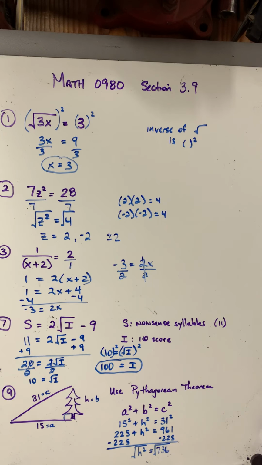Now, remember, if you take the square root, then you have to account for a positive or negative. So I'm going to get h equals, what is the square root of 736? They want it rounded to 1 decimal place. So I get plus or minus 27.1. That's mathematically the correct way to do it.